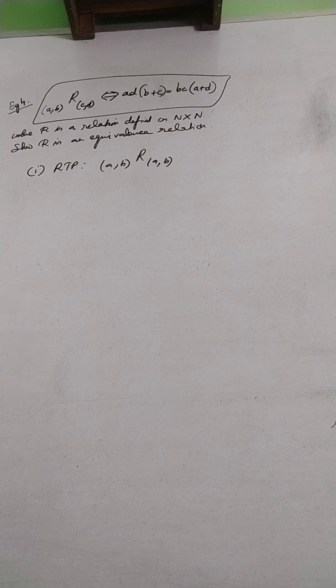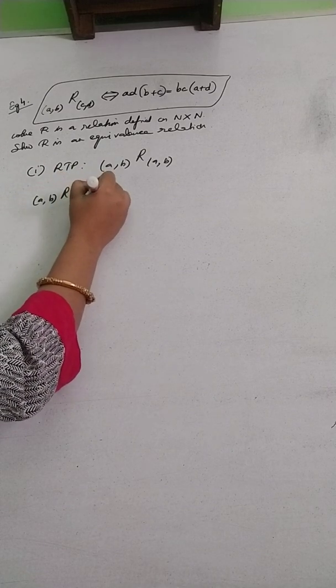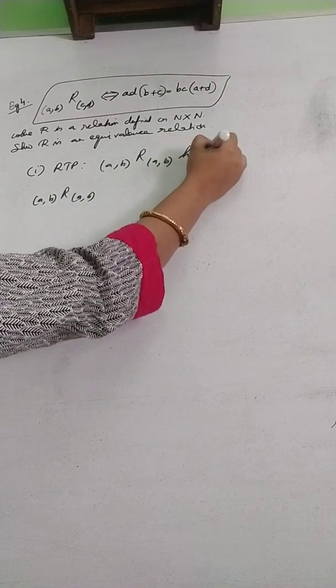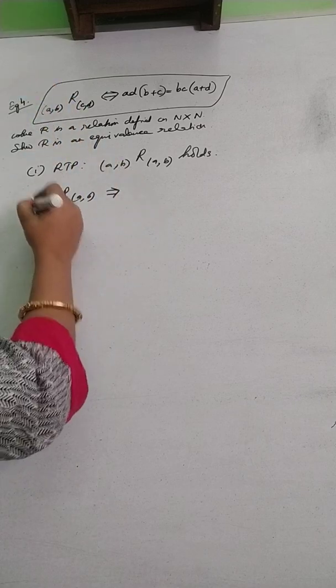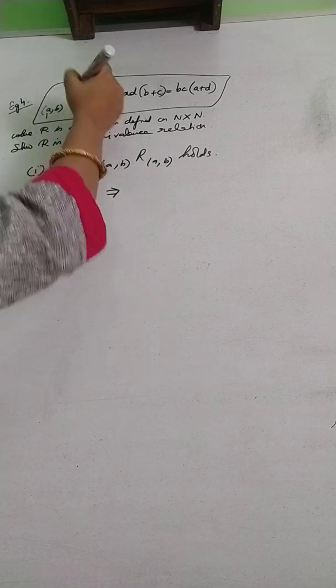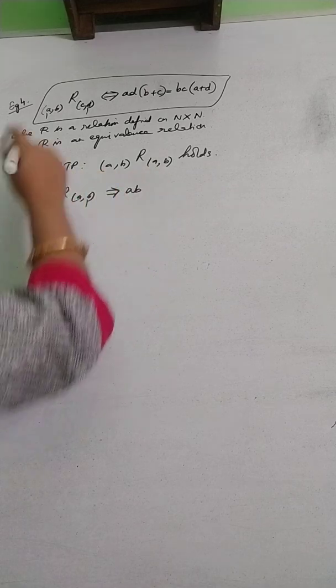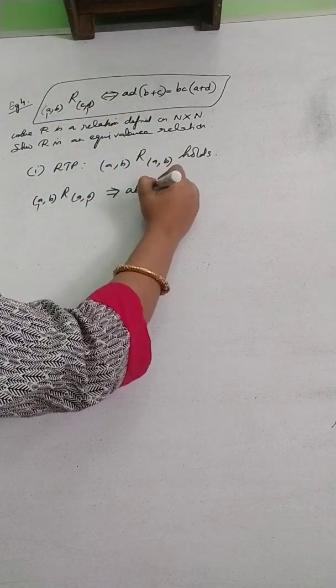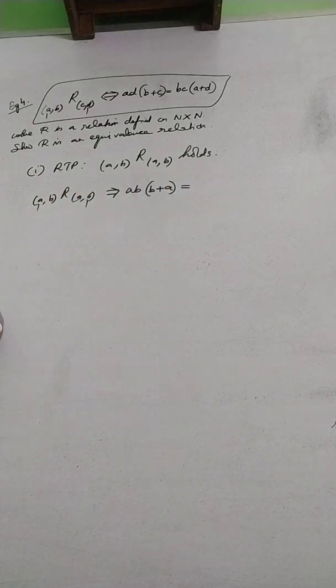Let us check. AB is related to AB holds. This implies, according to the given definition, A multiplied with D, that is, this multiplied with this, in between the two it is a summation, B plus A is equal to, now what is it?